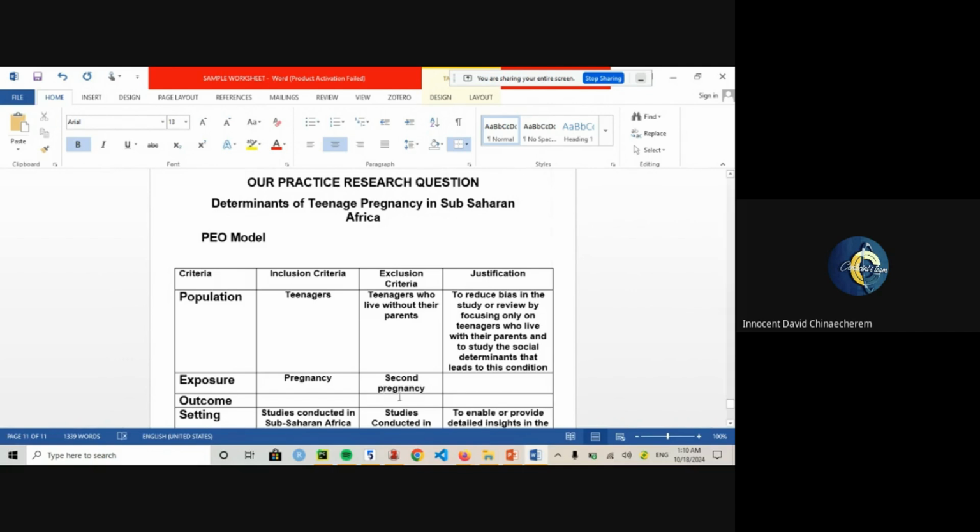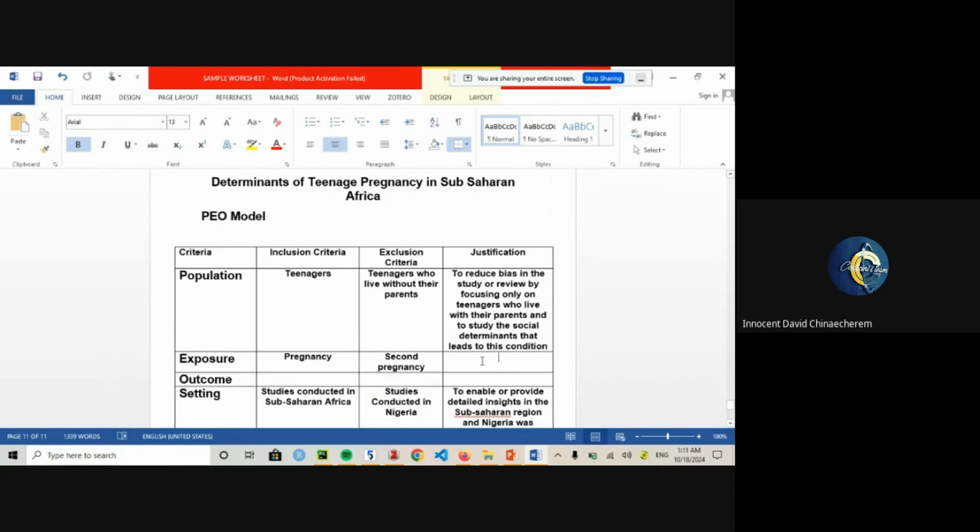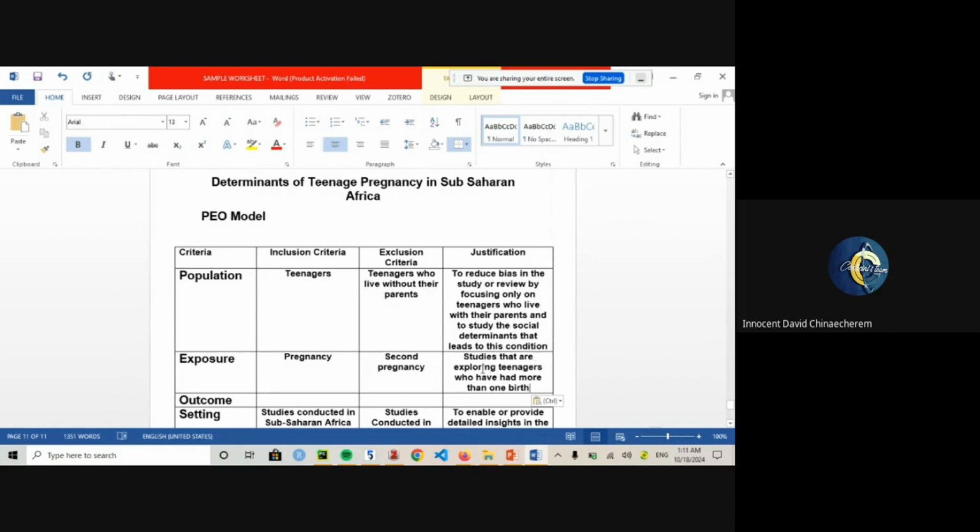So I'm not interested in determinants or maybe exploring any study that is exploring teenagers who have had more than one birth. So since I'm using that, I could place it in my justification. Studies that are exploring teenagers who have had more than one birth. But so it could be just anything.